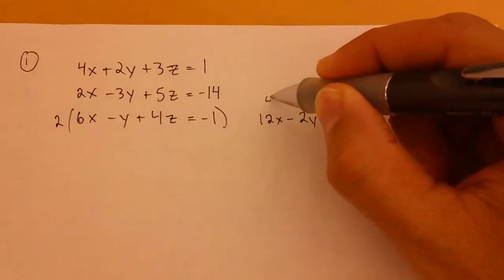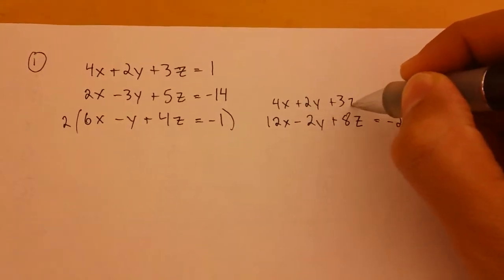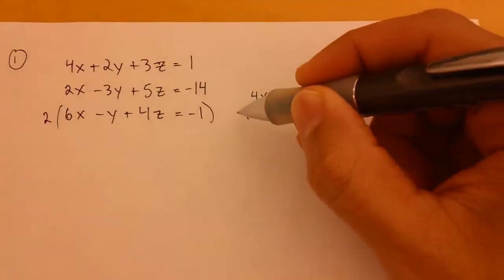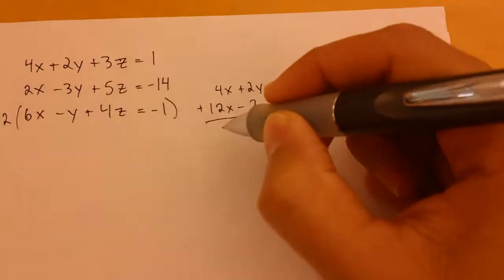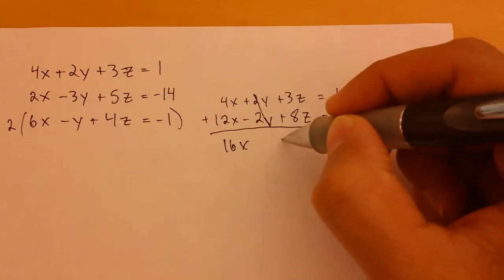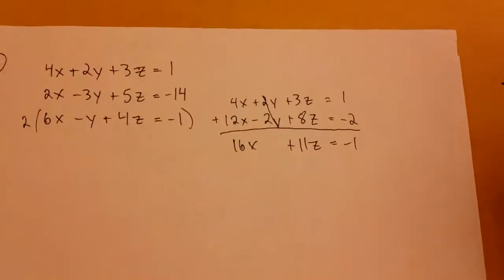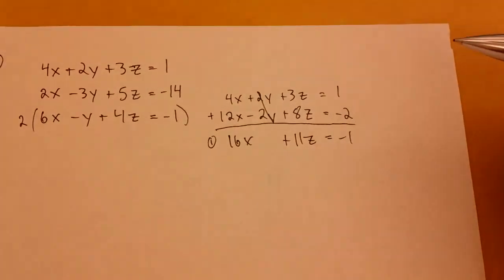So I'm going to have 4x plus 2y plus 3z, just copying it over, equals 1. And so now I'm going to add these two equations together. I'm going to get 16x, the y's cancel, plus 11z equals negative 1. So this is my first new equation here.